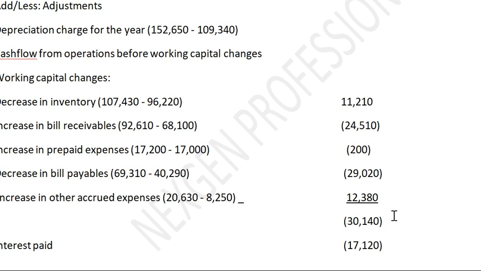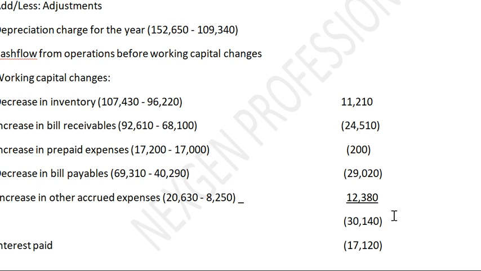You can help me do it. 11,210 plus minus 24,510 plus minus 200 plus minus 29,020 plus 12,380 plus minus 3,140. It will give us 3,140 as it were. You can do the adjustment and then you will always arrive at this 3,140.